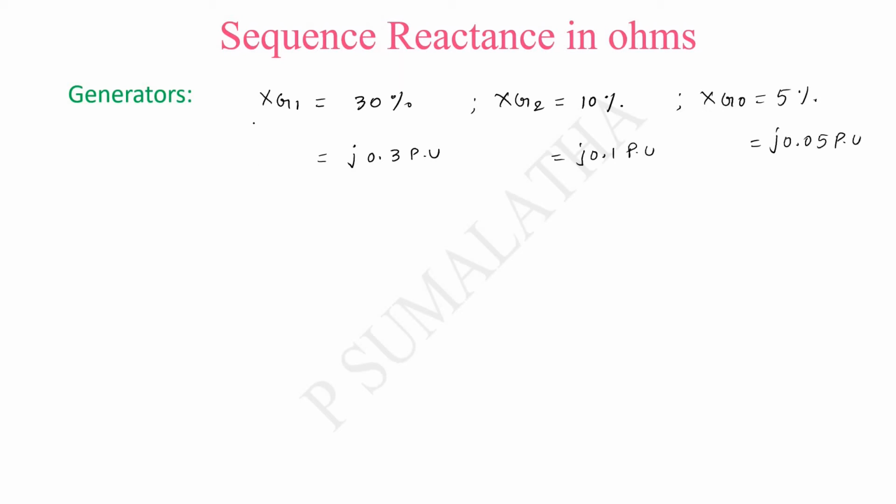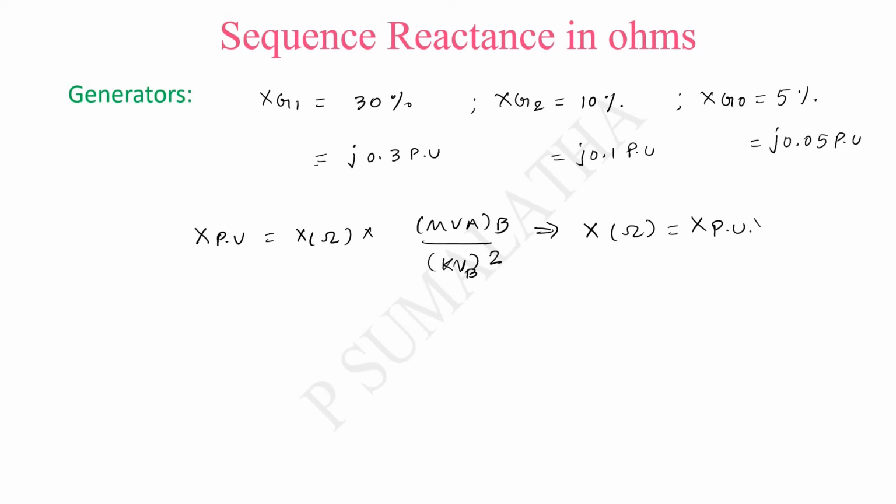But we don't want the values in per unit, we need all the values in ohms. For that we have a formula: X per unit is equal to X in ohm into MVA base divided by kV base whole square. So from this equation we can write X in ohms is equal to X per unit into kV base whole square divided by MVA base.